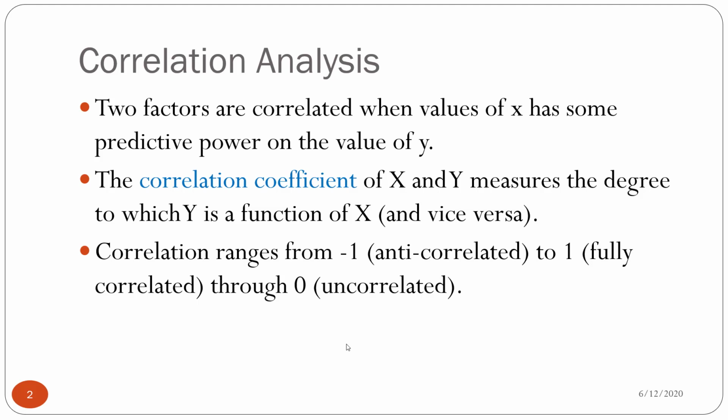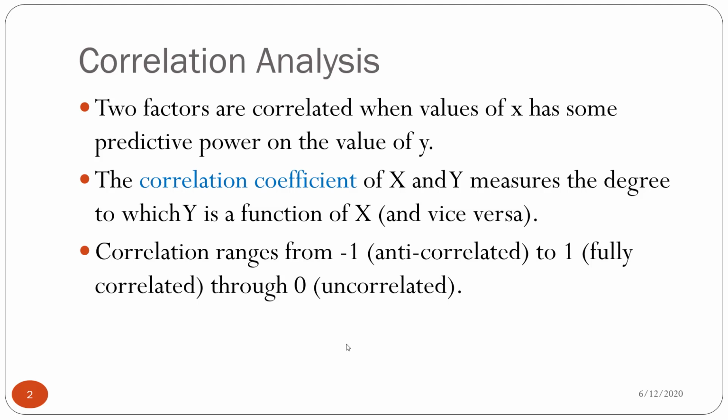So when you know the value of X, what can you say about Y? How much predictive power do we have in the values of X for the values of Y? This is something we measure using correlation coefficients.